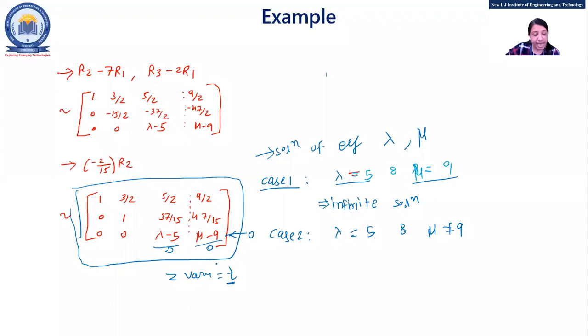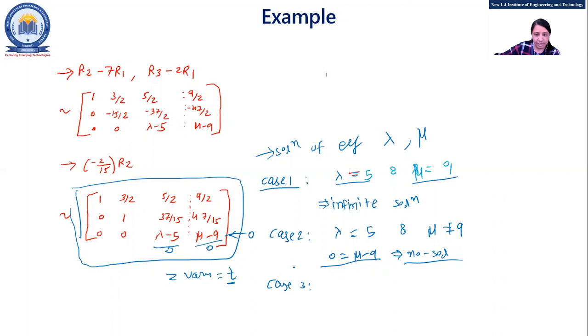That means 0 equals mu minus 9, which is not possible. So we can say the system has no solution, because mu is not equal to 9.